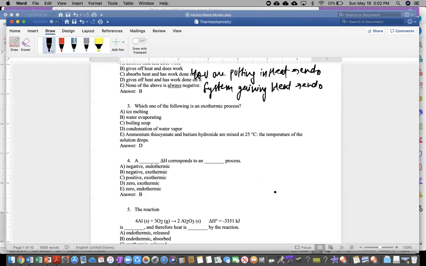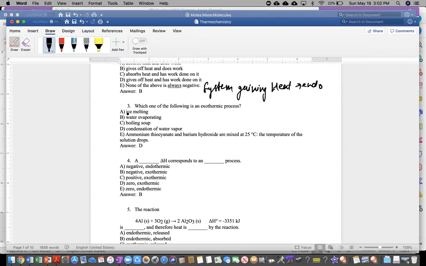So if I am making hot coffee, when I'm boiling the water, it's endo. So don't think about the first one. Think about the system. I think what's hard with that is knowing which one is the system.